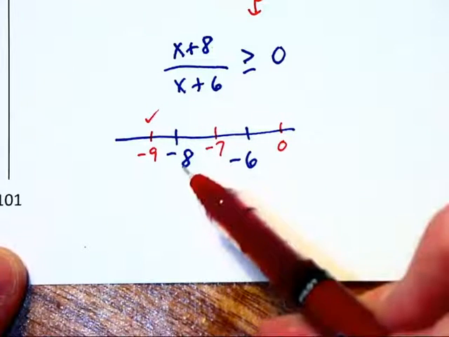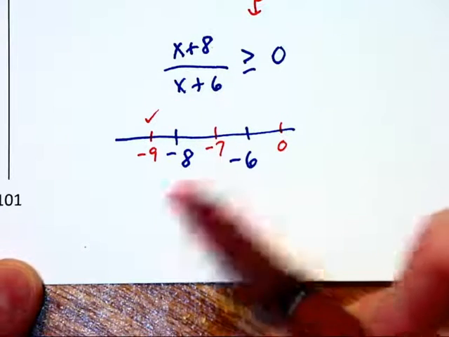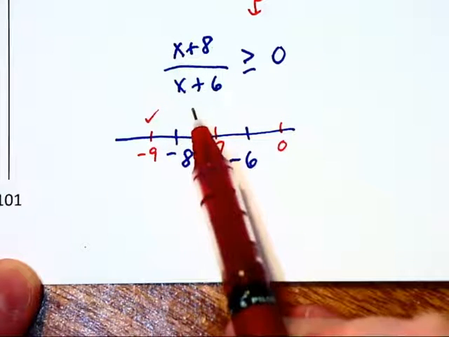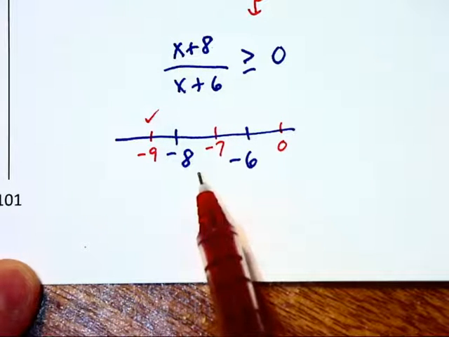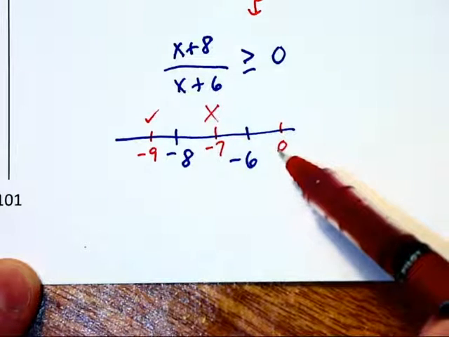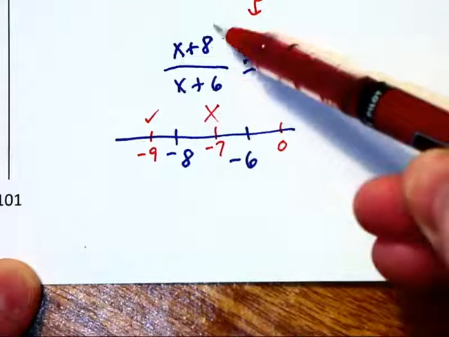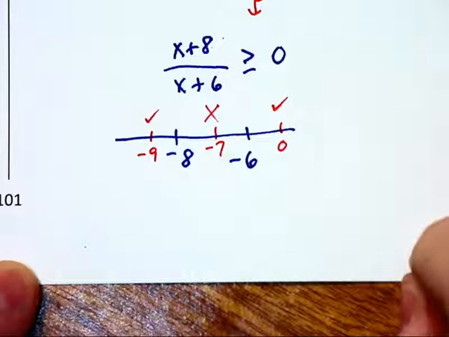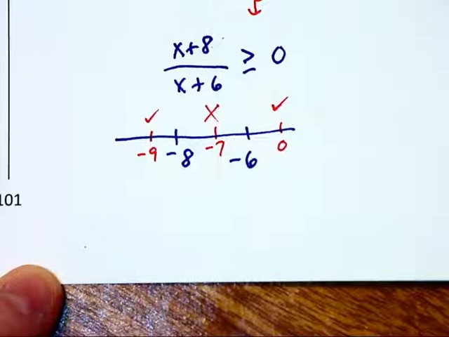So values to the left of negative 8 will work. When I substitute in negative 7, the numerator is positive, the denominator is negative, and the quotient is negative, and that will not work. The value of 0 substituted in will give us 8 over 6, which is greater than or equal to 0, and so values to the right of negative 6 will be part of our solution set.